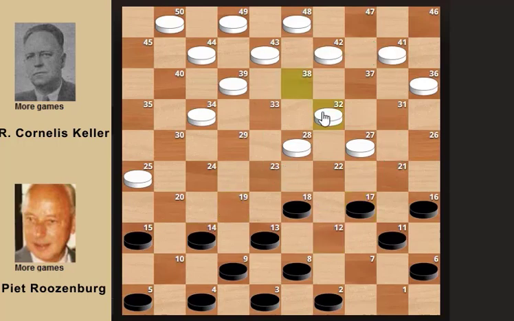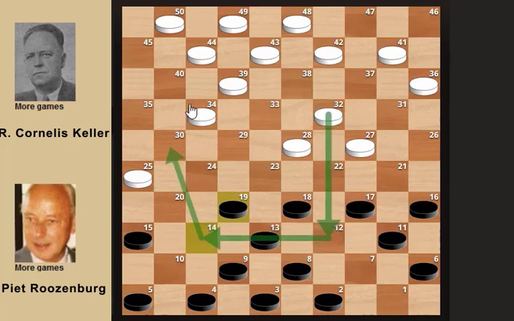Then Keller played 38-32. So 38-32 was answered by Roozenburg by playing 14-19. Again, if you want to calculate the move, we draw the square.